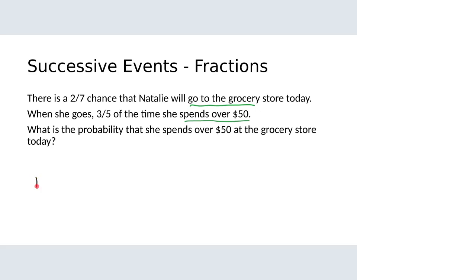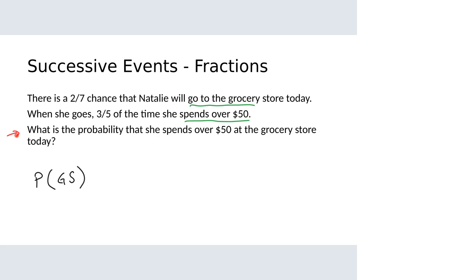Here again, you don't have to be this formal about it, but going to the store and spending over $50. That's what we're looking for. First event is go, second event is spend over 50. Our question is, what is the probability she spends over $50 at the grocery store today? And so in order to spend over 50, she would first have to go.